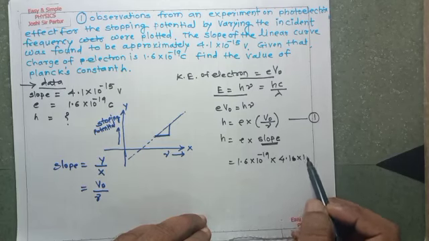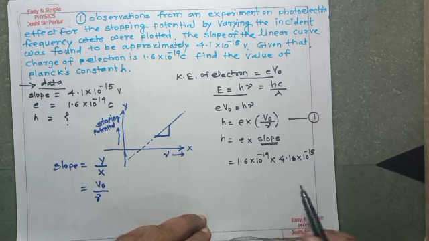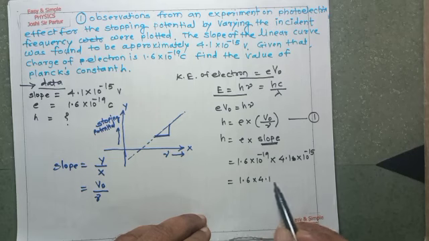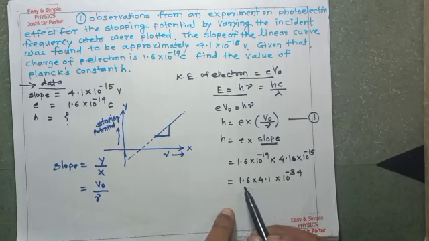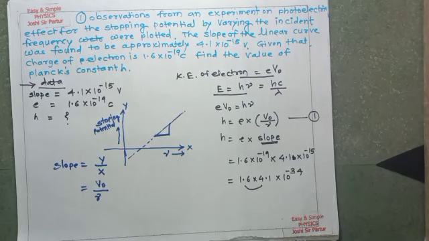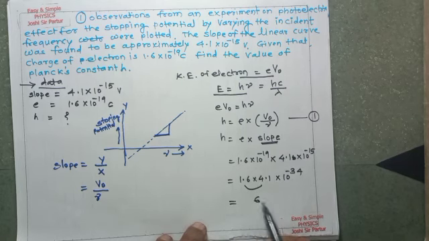Here, 1.6 into 10 raised to minus 19 multiplied by 4.1 into 10 raised to minus 15. So 1.6 into 4.1 into 10 to the power minus 34. If we multiply, 16 times 1 is 16, that is 6 and 1 remaining, and 16 times 4 is 64, that is 65.